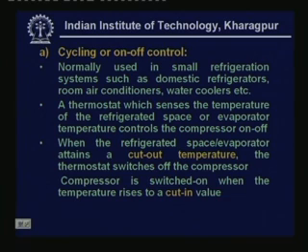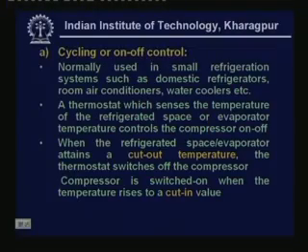So what happens when the compressor is switched off? When the compressor is switched off, there is no refrigeration effect inside the refrigerated space, and as you know, the refrigerated space is at a temperature that is lower than the surroundings. Since there is a temperature difference between the surroundings and the refrigerated space, there will be heat leak into the system. So the system temperature increases. When the system temperature or evaporator temperature goes beyond a set point, known as the cut-in temperature, again the refrigerant system should be switched on.